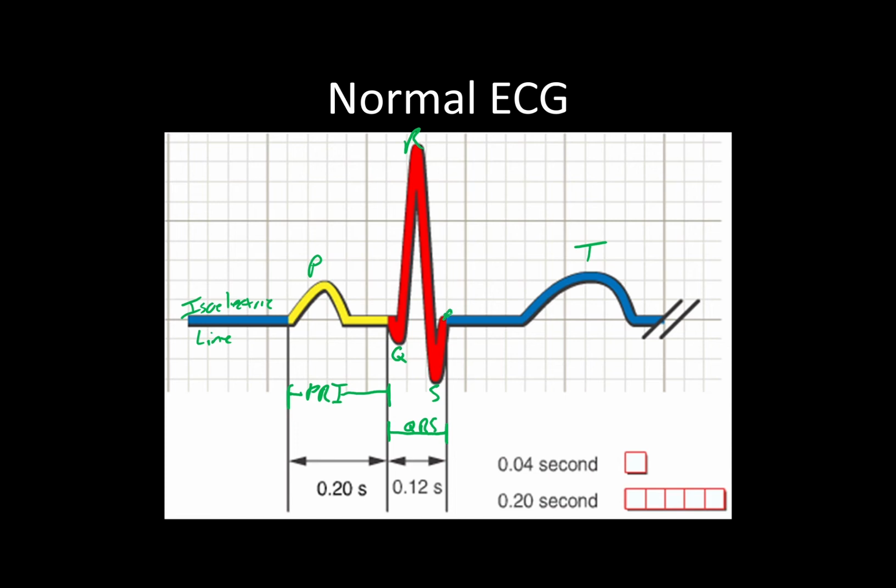And this little spot right here is called the J point. And this is your ST segment from here to here. And last but not least, from this starting point right here all the way out to the end of your T wave is your QT interval.